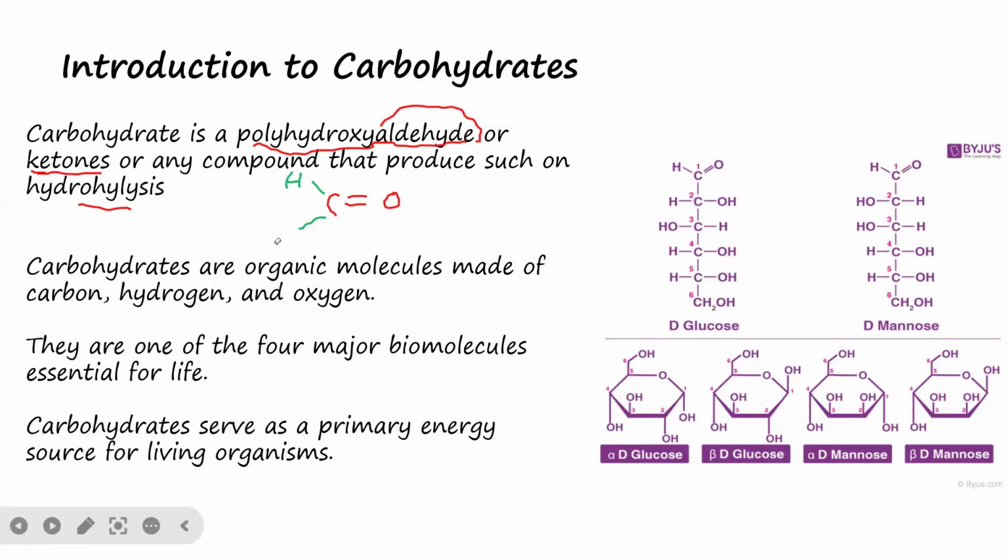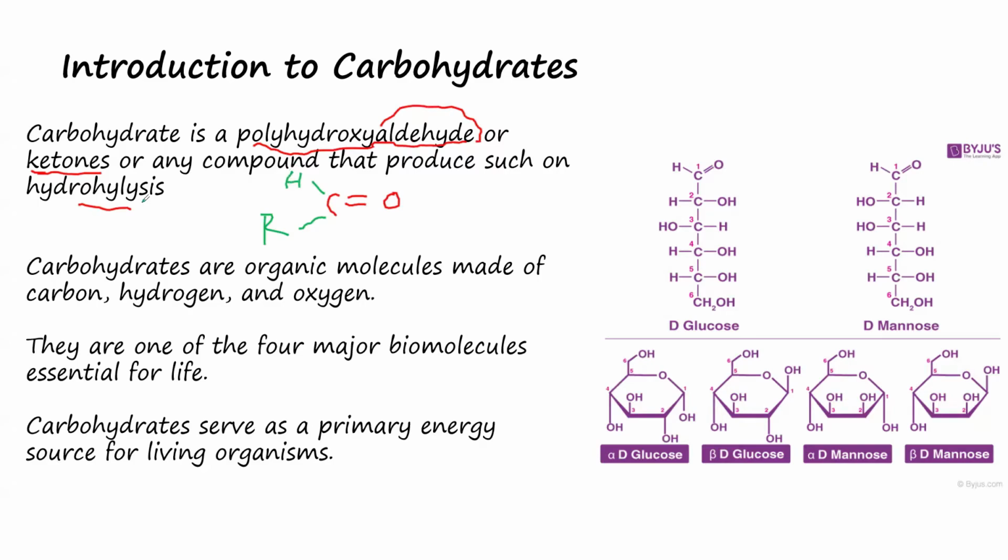Now what is the basic difference between the aldehyde and ketone? In the case of aldehyde, there is R here. In the case of the ketone functional group, there is no free hydrogen.